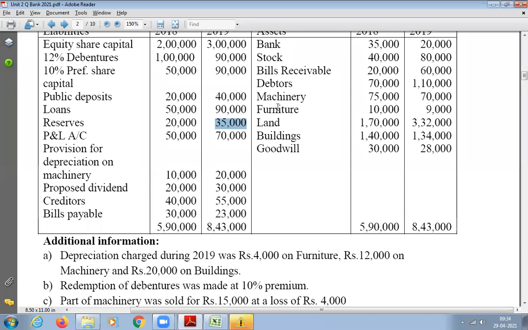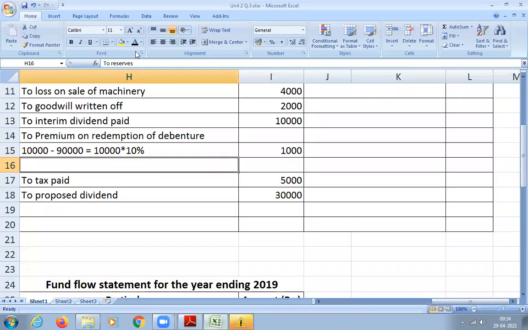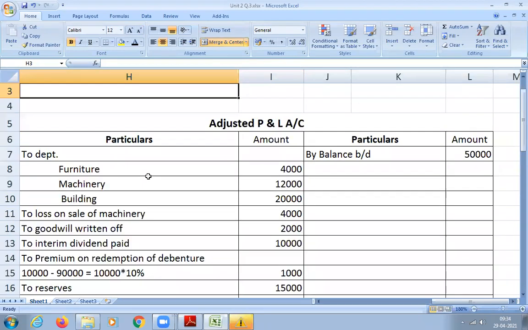Normally in a joint stock company they will give an adjustment, transfer 10% to reserve fund. So that is what they have done. When they do that, my net profit will fall, so now we have to add back that particular reserve, what has been transferred to reserve fund. So write down transfer to reserve. How much is that? 15,000. Anything else, students?